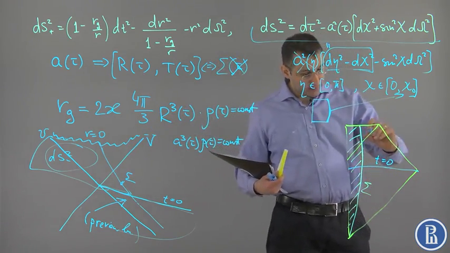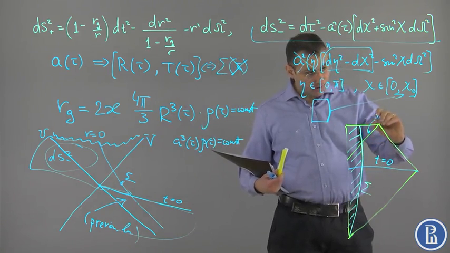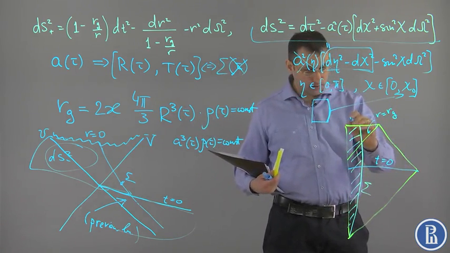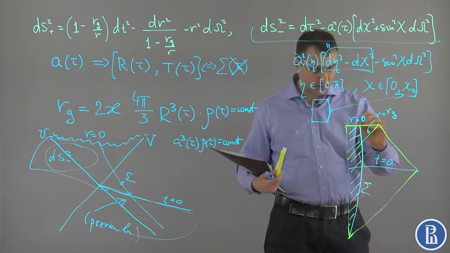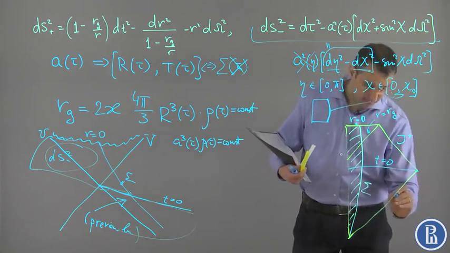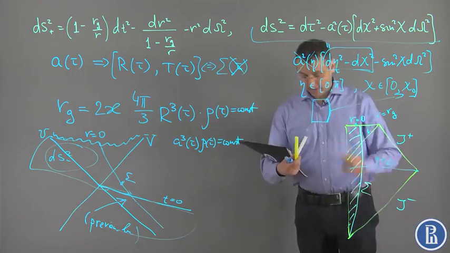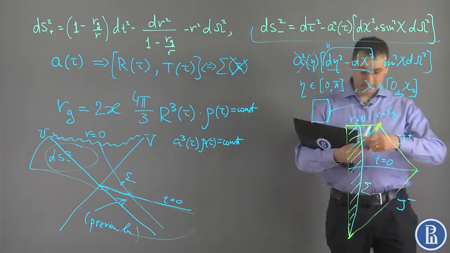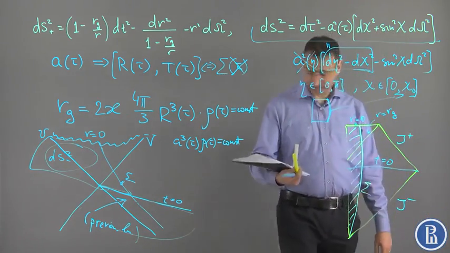And this is r equals rg, and this is r equals 0. So this is the singularity. This is scri plus, this is scri minus. So this is a Penrose diagram for the collapsing star.